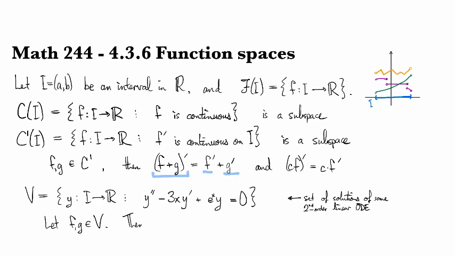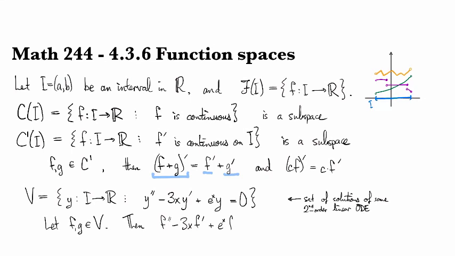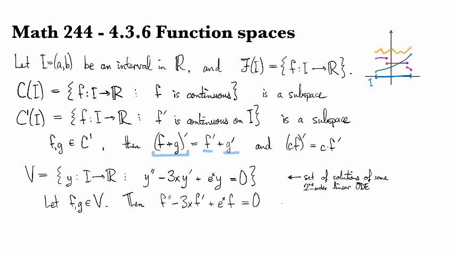Then following our method, what do we do? Well, then we know that f double prime minus 3x f prime plus e to the x f equals 0. And we also know that g double prime minus 3x g prime plus e to the x g equals 0.